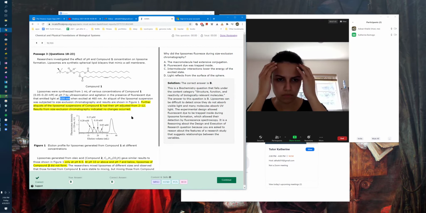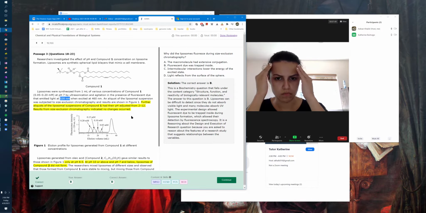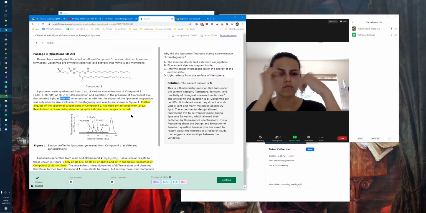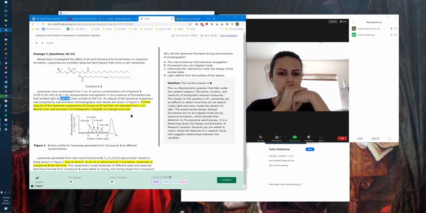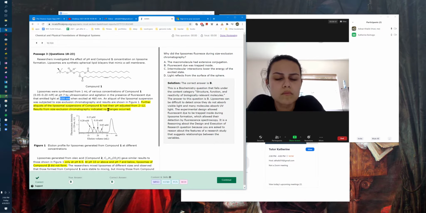An aliquot of the liposomal suspension was subjected to size exclusion chromatography, and the results are shown in Figure 1. Further aliquots of the liposomal suspensions of compound 1 had their pH adjusted from 2 to 12. Results from size exclusion chromatography indicated no changes occurred. So okay. I'm sorry, what is an aliquot?